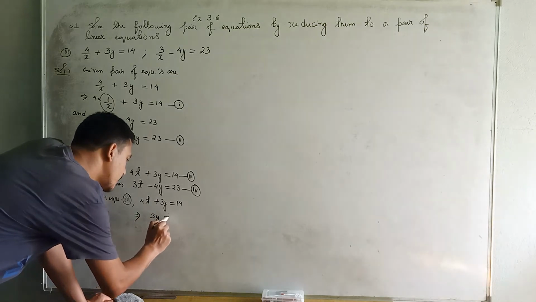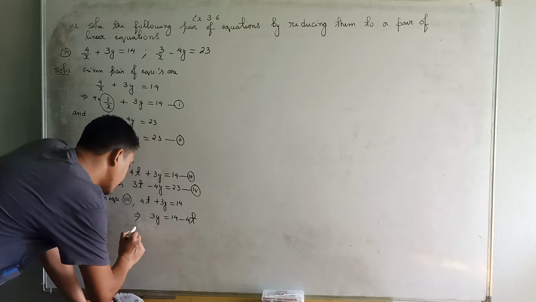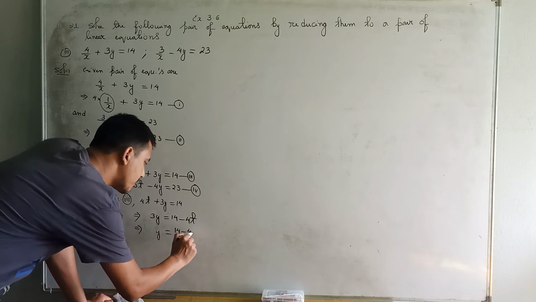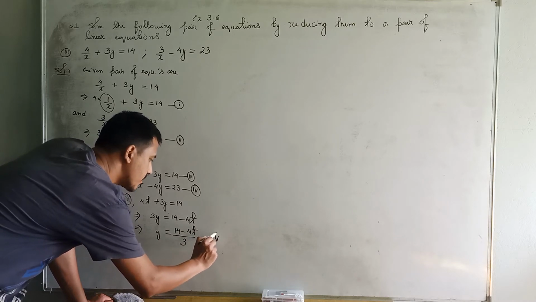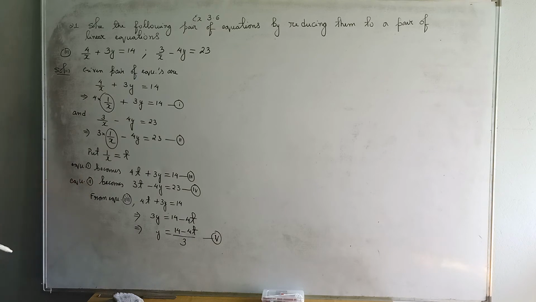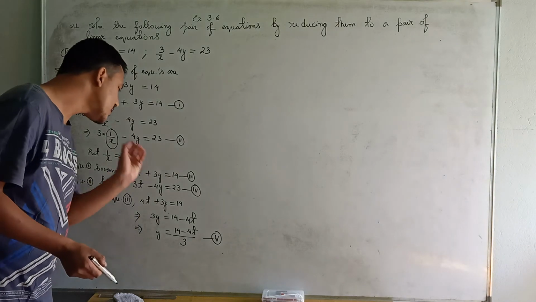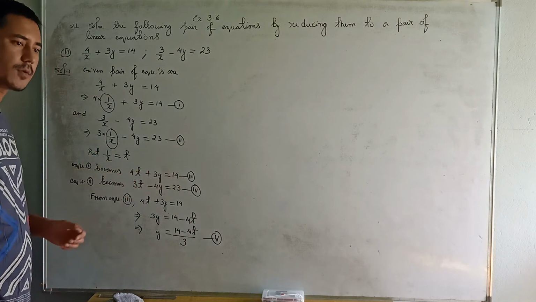Then 3y would be equal to 14 minus 4t. So y will be 14 minus 4t upon 3. That's equation number 5. So we have obtained y from equation 3. Okay? So this value of y has to be substituted in the other equation 4.